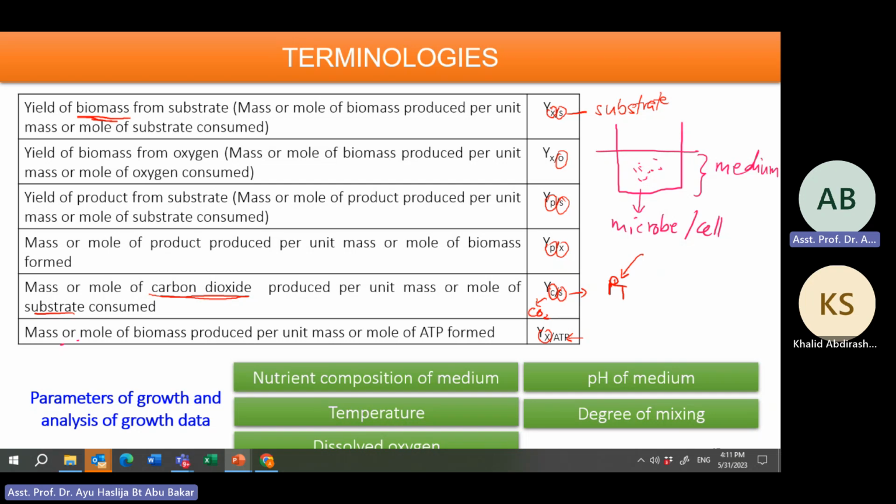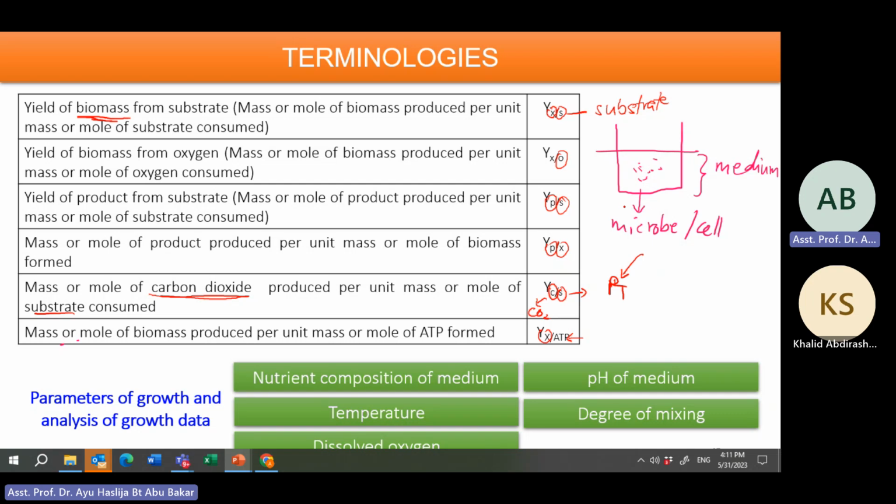Sugar is the substrate. The microbe is Saccharomyces. It needs the microbe to convert the sugar into bioethanol. If the microbe doesn't grow and dies, the sugar will not be converted to bioethanol. So that's why it is important to monitor the microbe growth.